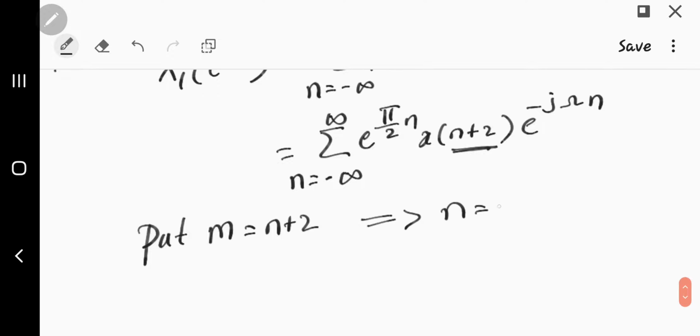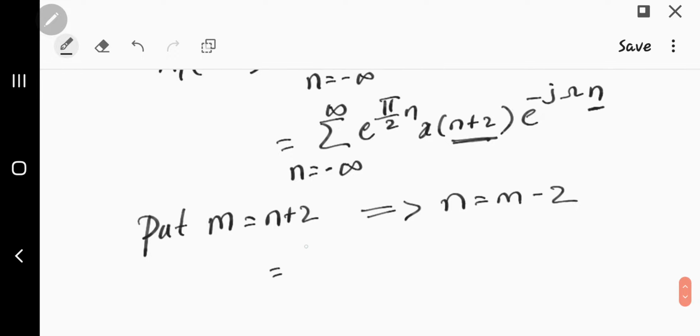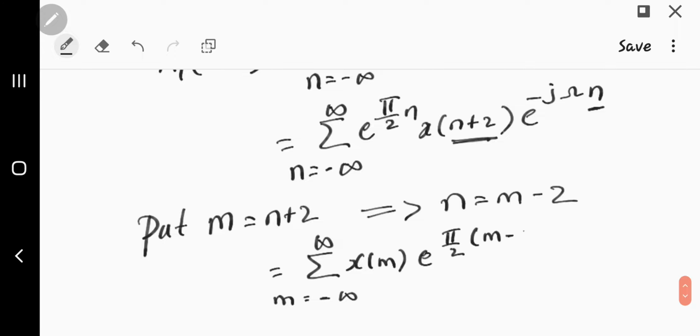So that implies n is equal to m minus 2. We have to substitute n value here, and the limit here n will become m, m varying from minus infinity to plus infinity, e to the power of, first I will write this term, x of m e to the power of pi by 2, n is m minus 2, and e to the power of minus j omega into m minus 2 here.